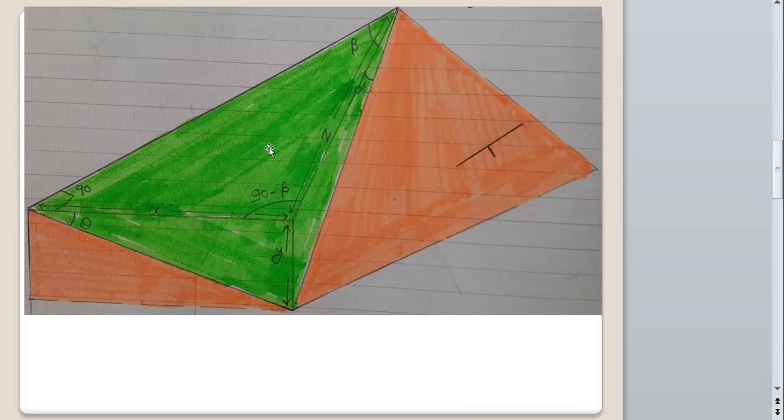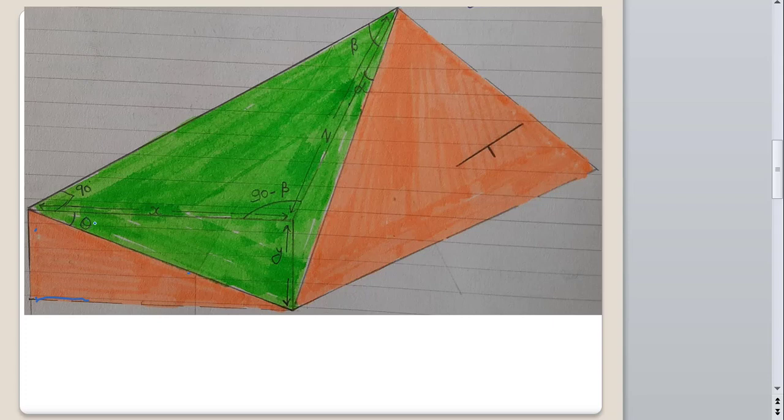Here we have this sketch, and in this sketch you can see there is a plane, colored green, and this theta represents the true dip. In this view, this is the discontinuity plane, or we can say joint plane.